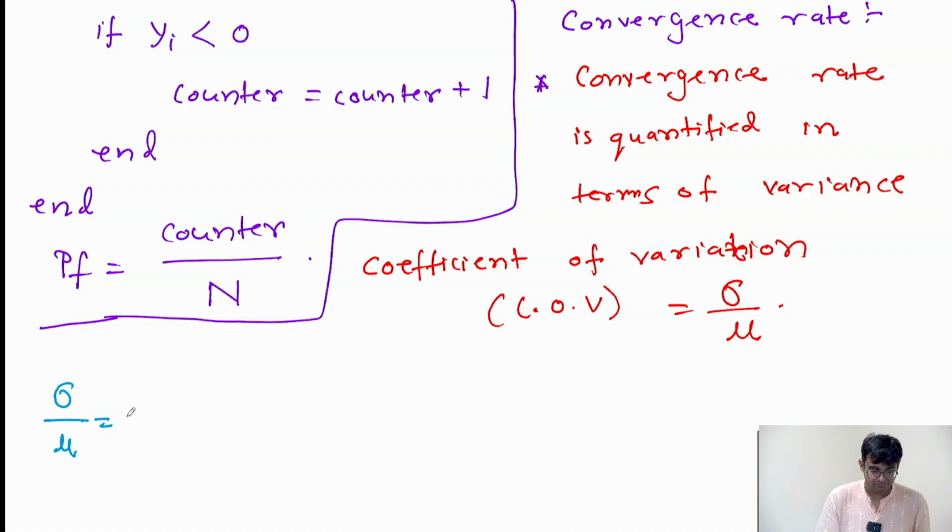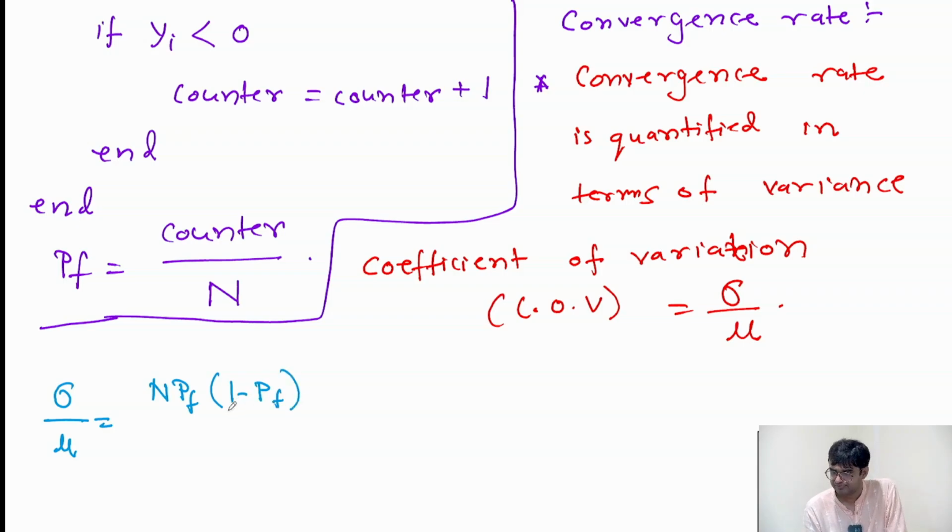What is the sigma for a binomial distribution? NPQ. So in this case, N, and for us, success is the probability of failing, so it's opposite. So N Pf (1 minus Pf), and this is not your standard deviation, this is your variance. So to the power half. And what is the mean? N Pf.